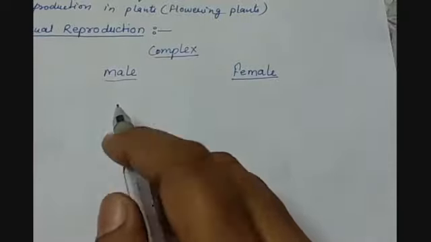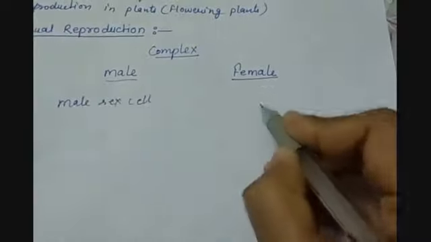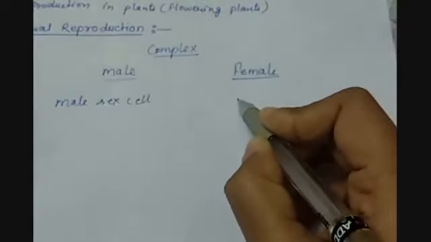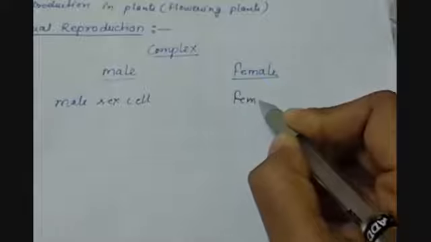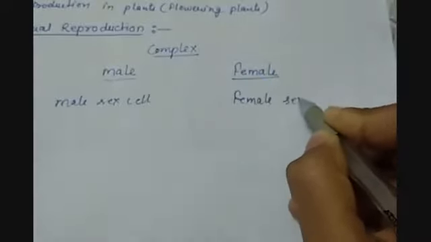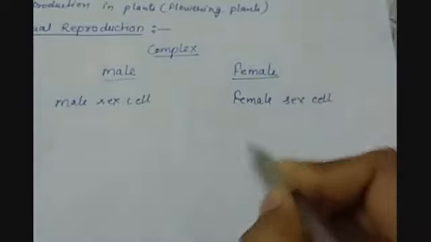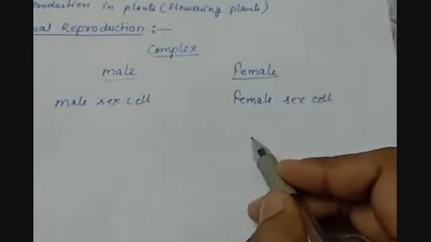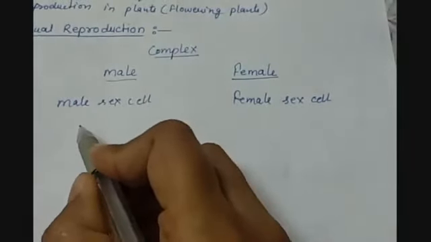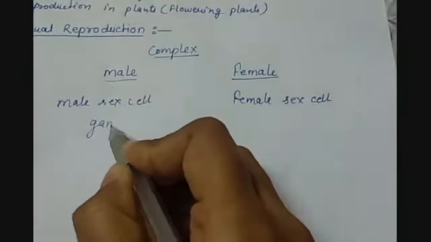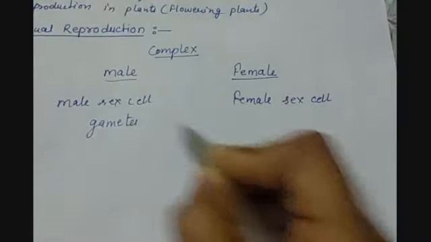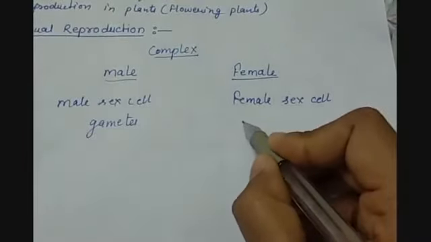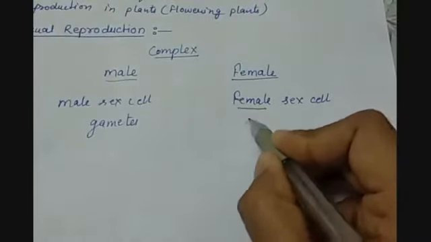They are called male sex cells, or in females they are called female sex cells. They are also called gametes. So here they will be called male gametes, and in females they will be called female gametes.